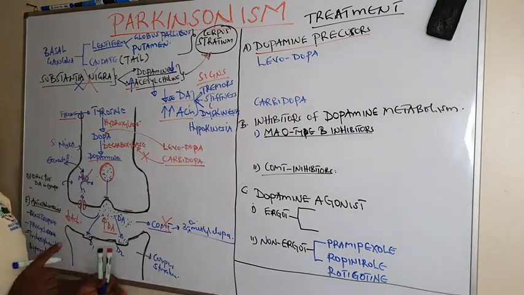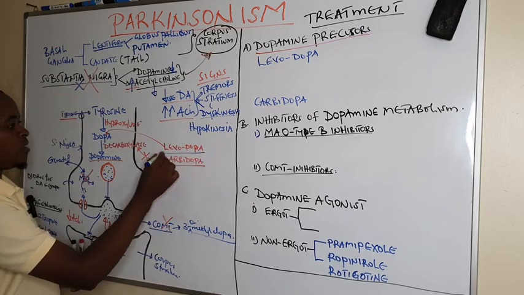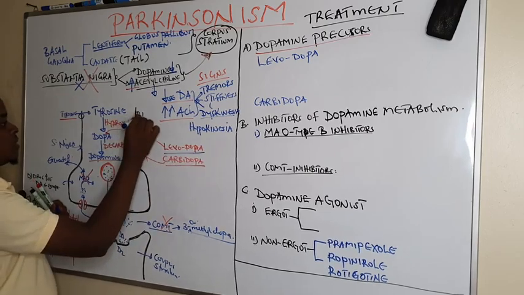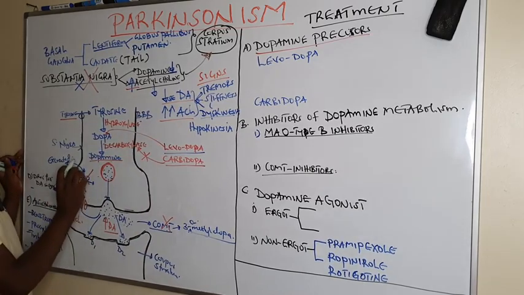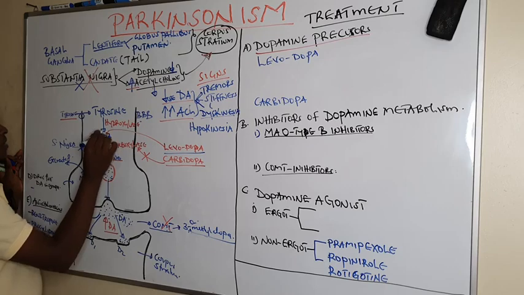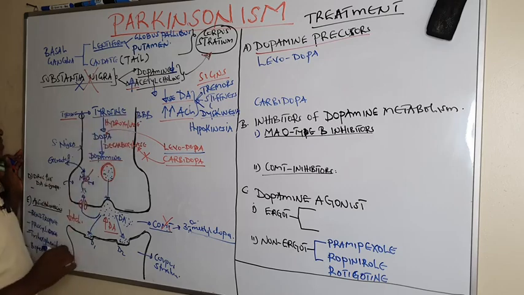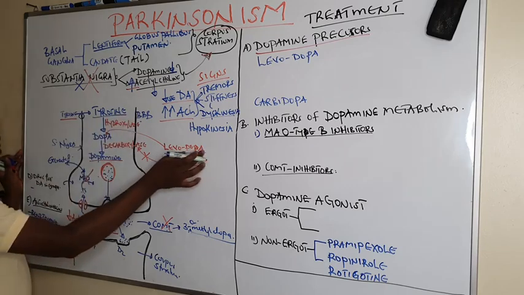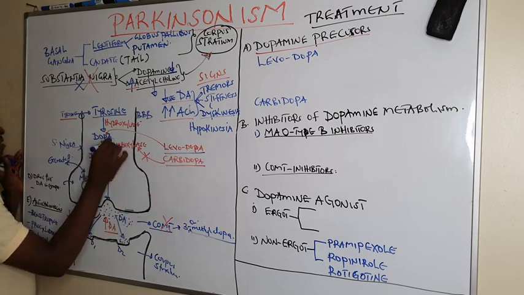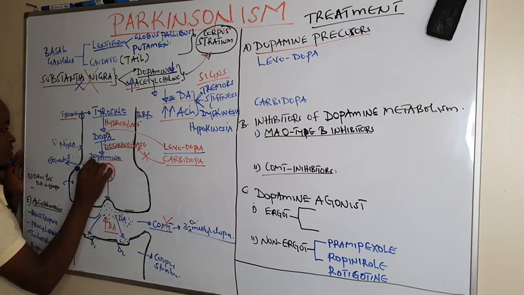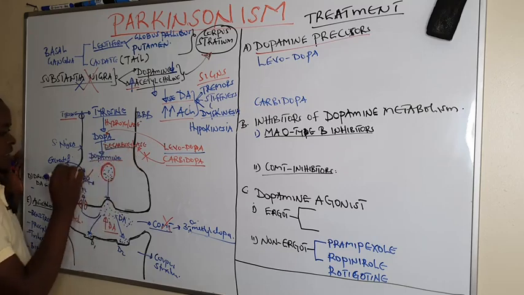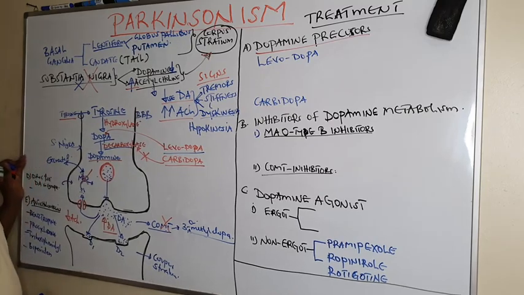So when taken, levodopa crosses the blood-brain barrier, enters into the substantia nigra, and bypasses the tyrosine step, whereby it is converted to dopa. Then in the presence of decarboxylase, it is converted to dopamine, then taken into the synaptic cleft.